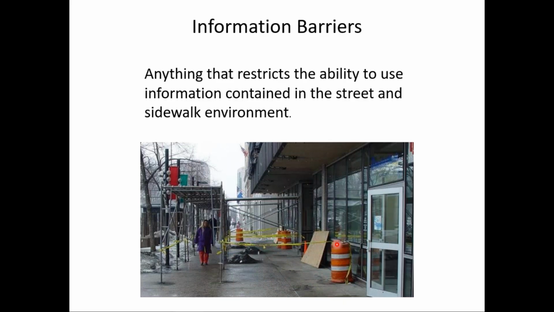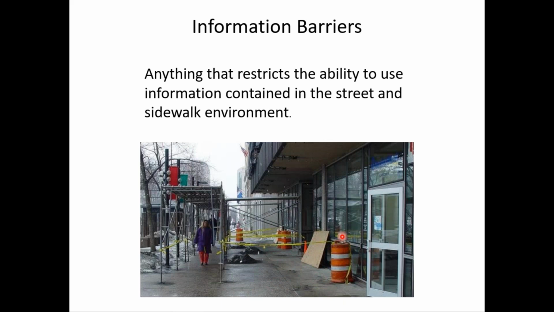I mentioned previously, this is not a detectable surface. A person using a cane walking into this would know that a work zone is occurring there only when this tape rubs across their chest, because they can't detect it with their cane.